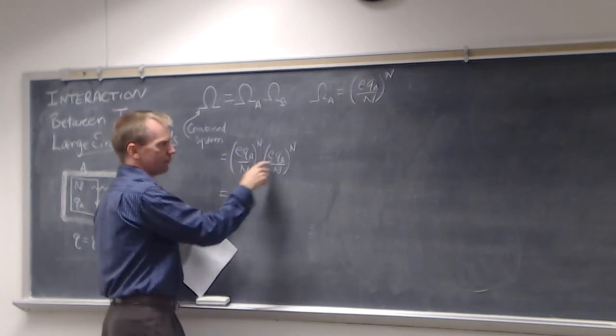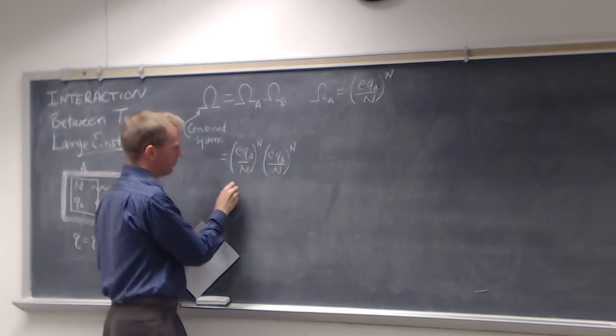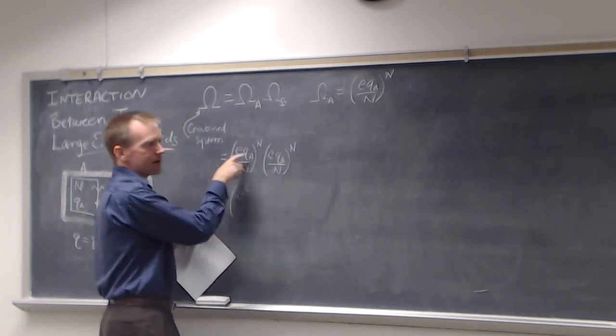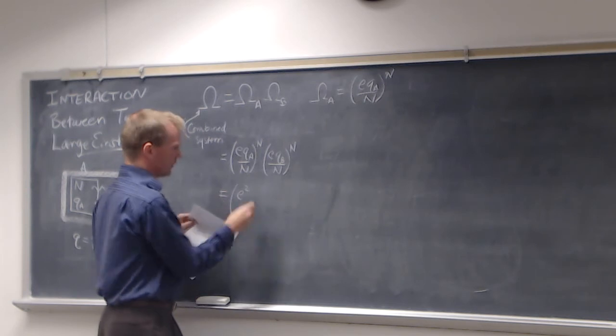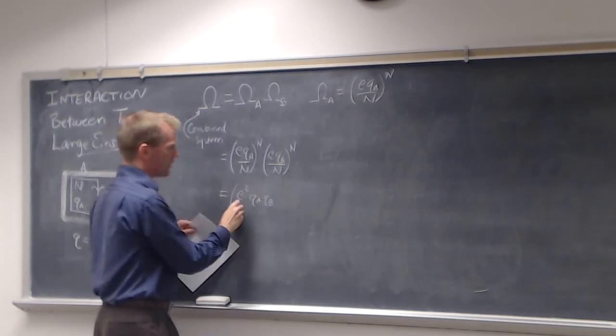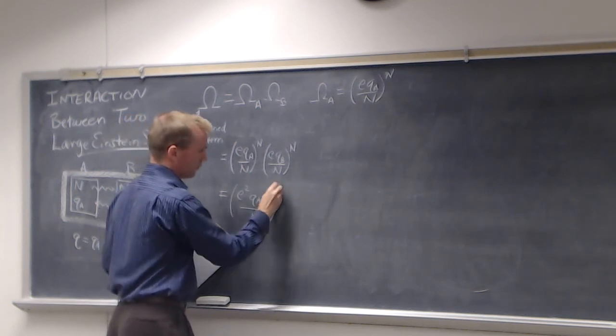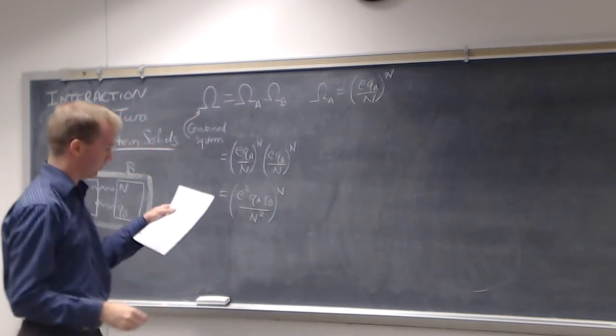If we put this all inside one set of parentheses raised to the nth power, I've got E squared QA, QB, all over N squared, raised to the nth power.